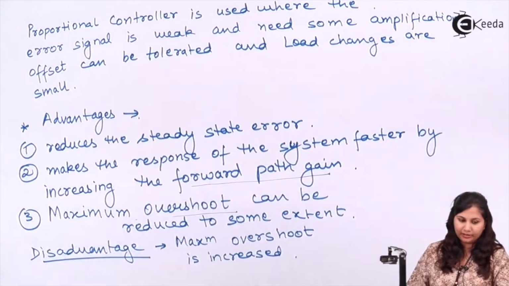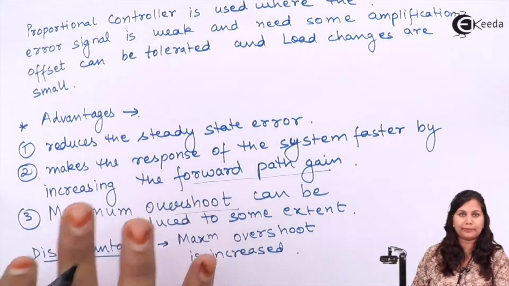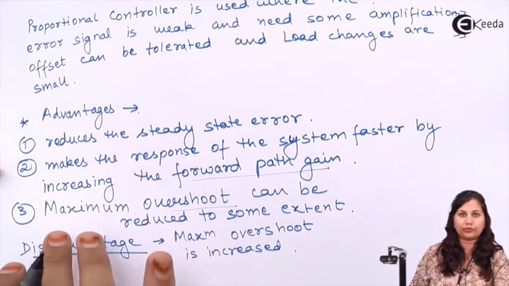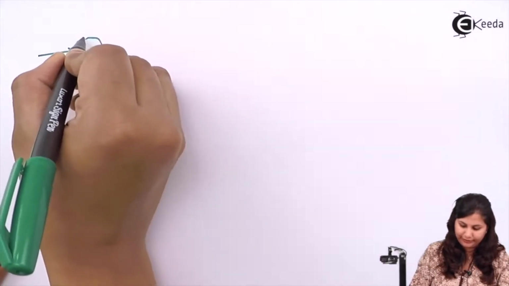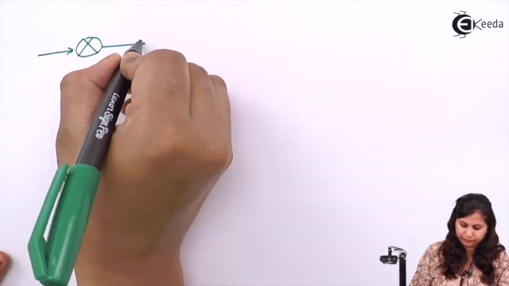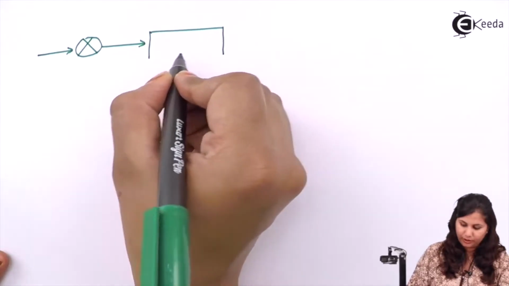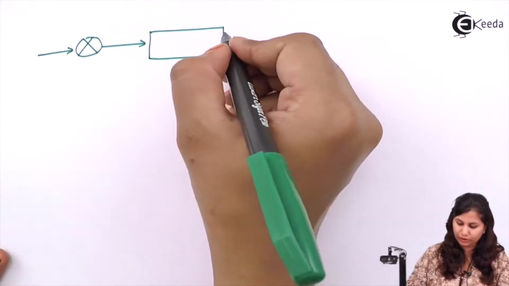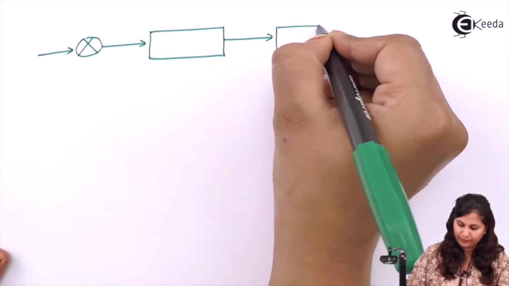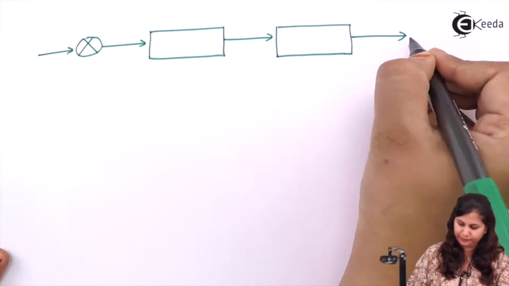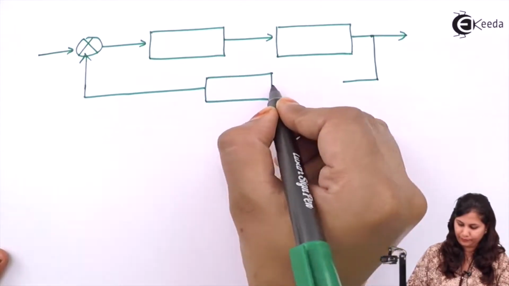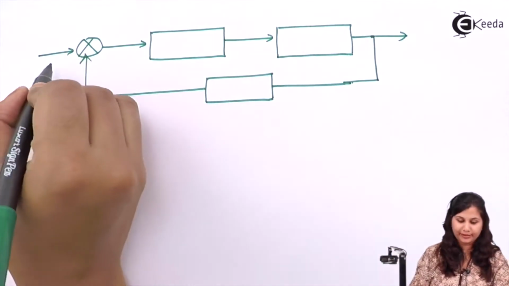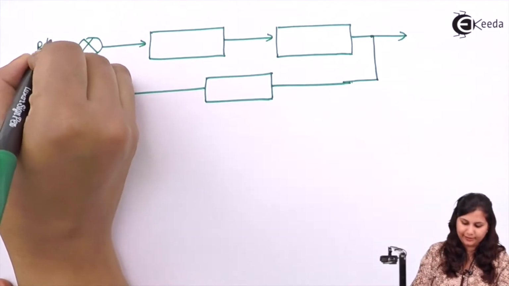Now if we see the block diagram representation of this proportional controller, then we have the error detector, then we have the controller. Because it is a proportional controller, this was our reference input, that is R(s).